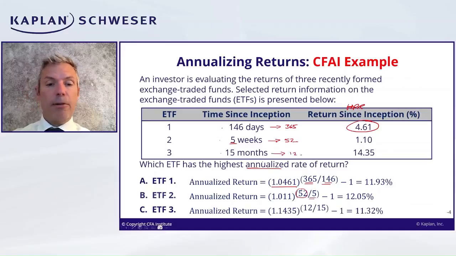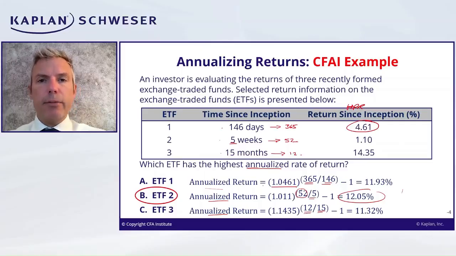So you'll see the power for ETF3 is actually 12 months in a year versus 15 months in the holding period. Okay, so similar keystrokes to before. I would actually use the brackets. And once you've standardized these returns to be expressed on an annualized basis, you can then just pick the highest one, which turns out to be ETF2.